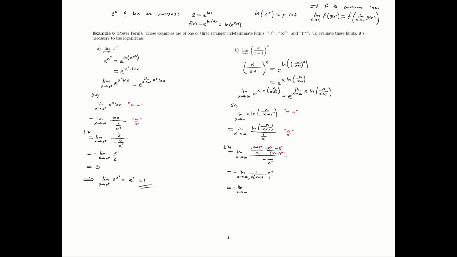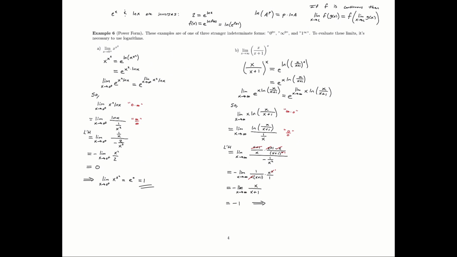Simplifying this, of course, we can cancel this x with one of these, and then we're left with negative the limit as x goes to infinity of x over x plus 1, which is, by dominating terms, 1, but times that negative, we end up getting negative 1.